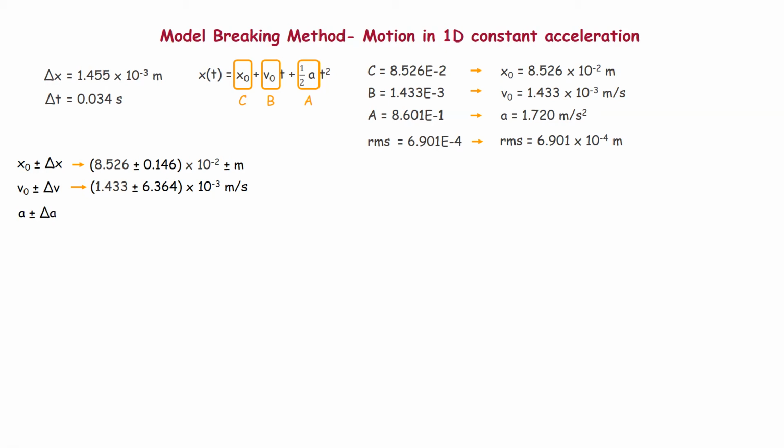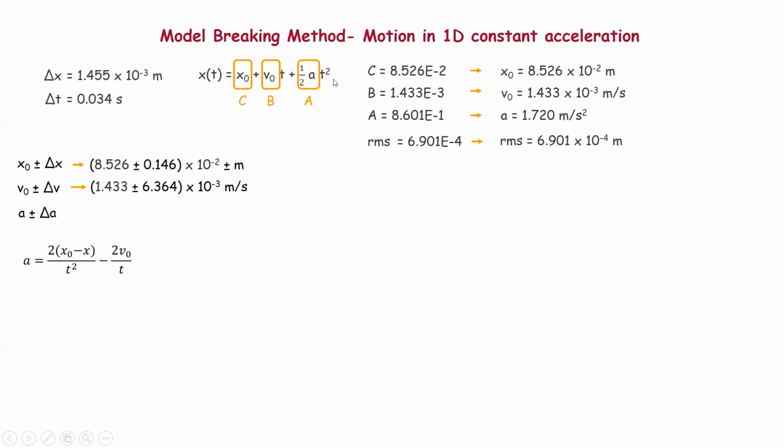To calculate the error in A, first let me solve for A in this equation in terms of other values. If you solve for A, you will get 2 divided by t squared times x minus x0 minus 2v0 divided by t. This is an expression for acceleration.